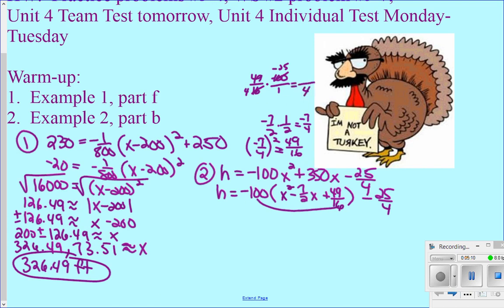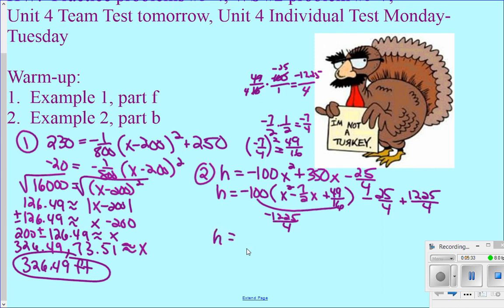So 49 times negative 25 is negative 1225. So negative 1225 fourths is the number that was randomly added on to the right-hand side of the equation. So to balance the equation, we have to add a positive 1225 fourths.